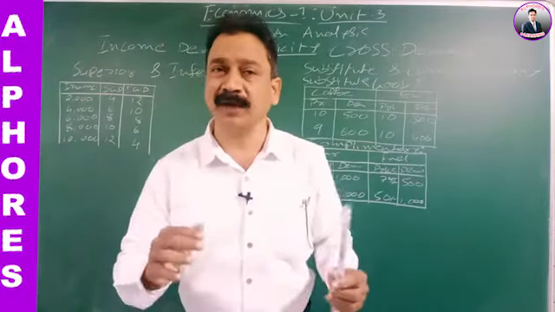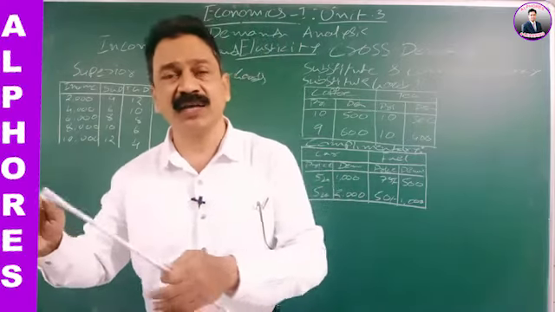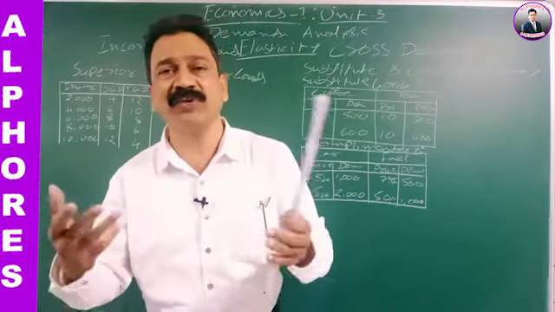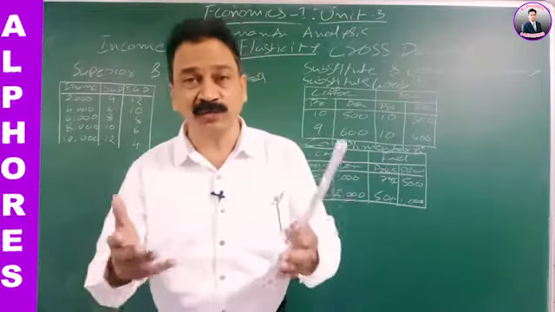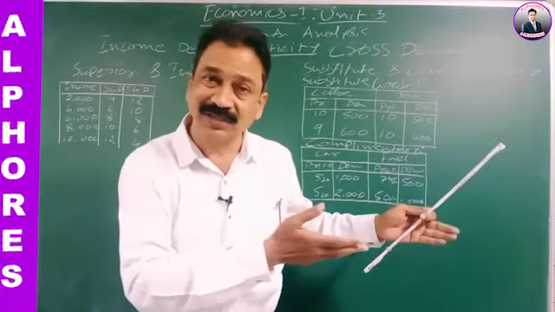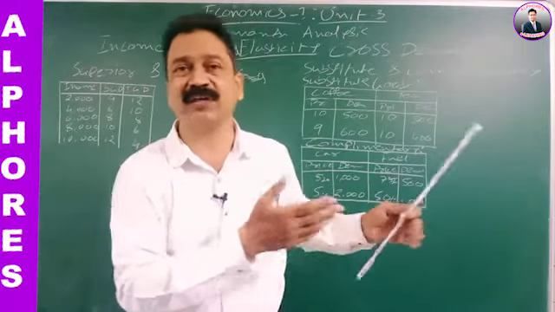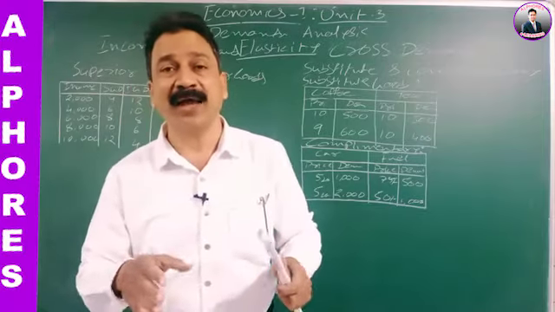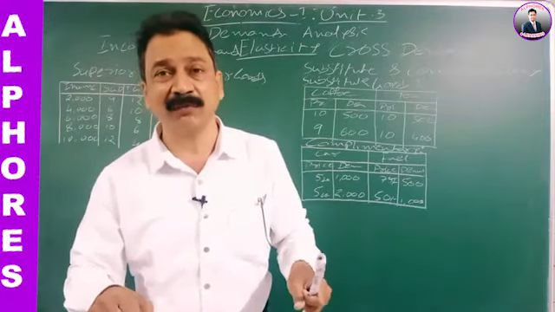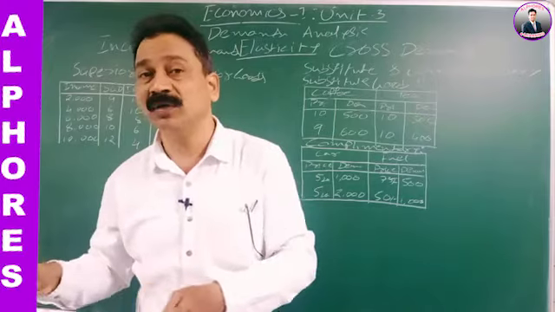For a poor man who doesn't even have a cycle, a new cycle is going to be a superior good compared to his second hand or old cycle. For a man who is riding a bicycle, even a second hand scooter is a superior good.